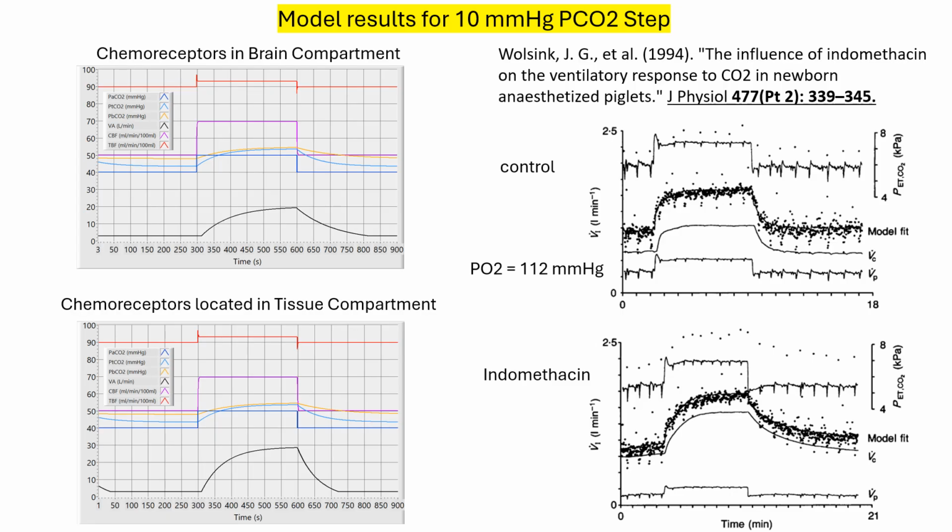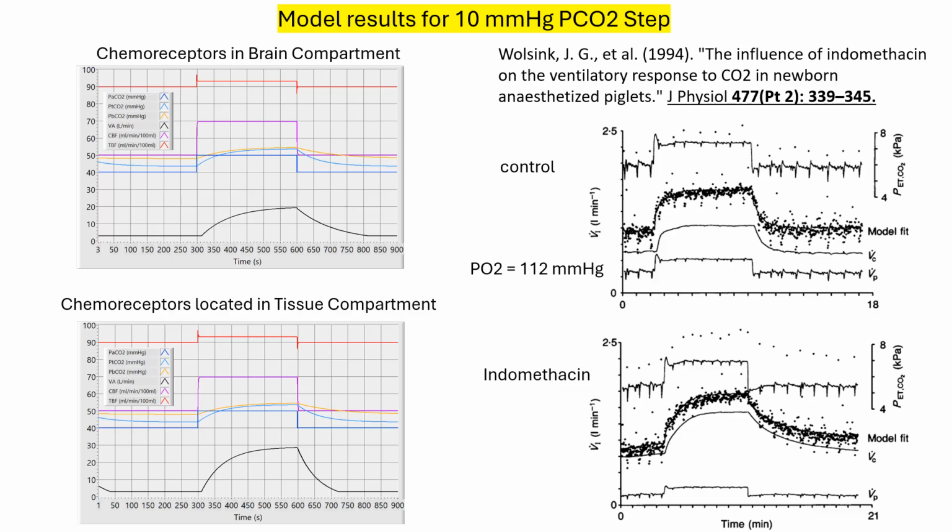And here it is in action, comparing ventilation responses to step changes in arterial CO2, that's the dark blue line, from 40 to 50 millimeters of mercury, with central chemoreceptors located in the brain compartment where blood flow, the purple line, increased with arterial CO2, versus responses with the central chemoreceptors in the all other tissues compartment where blood flow increases but little.